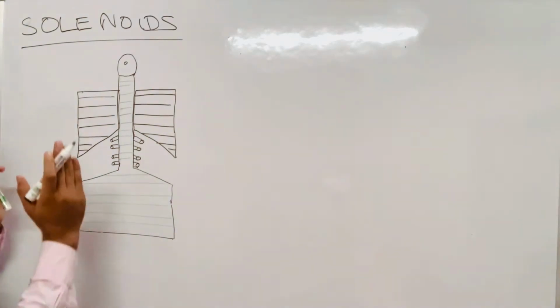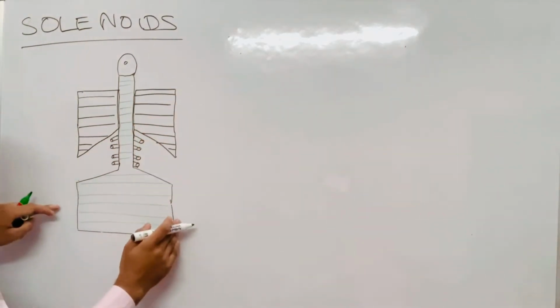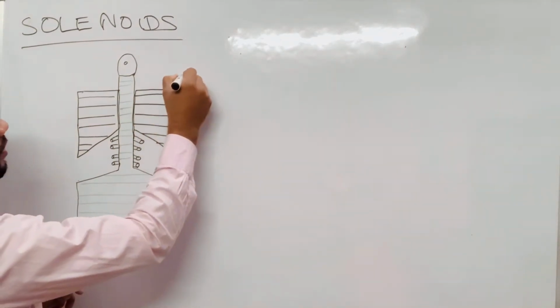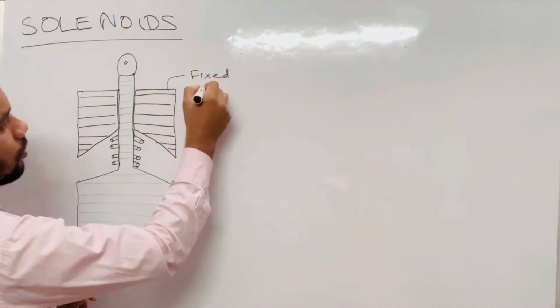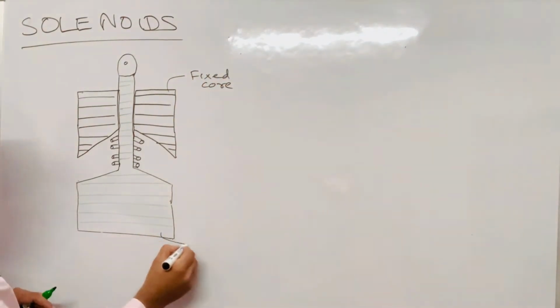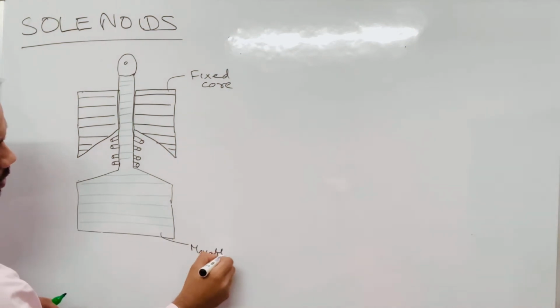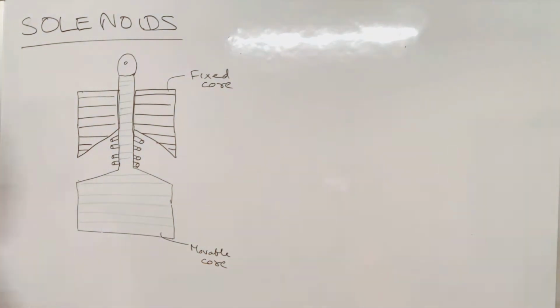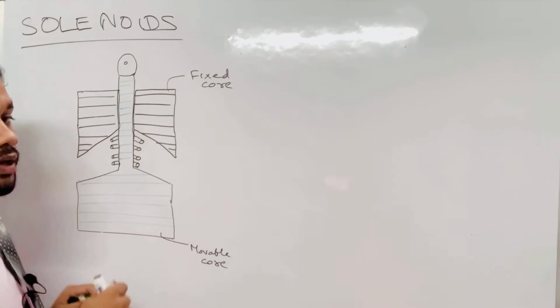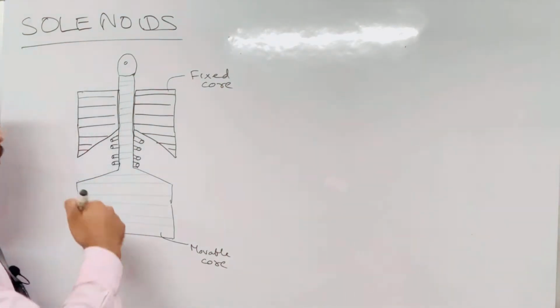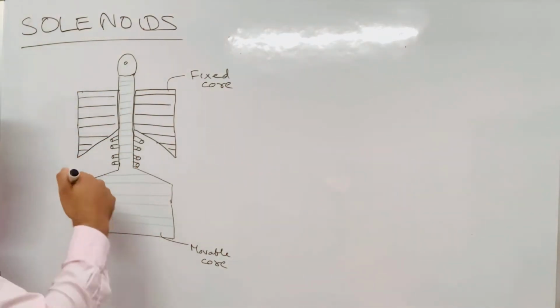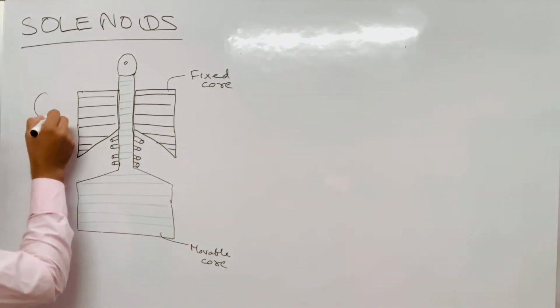What I have told you till now is this is a fixed core and this is a movable core. So I'll write here fixed core and here movable core. And outside of this, what do we have? We have windings. The winding will be outside this core. So suppose these are the windings.